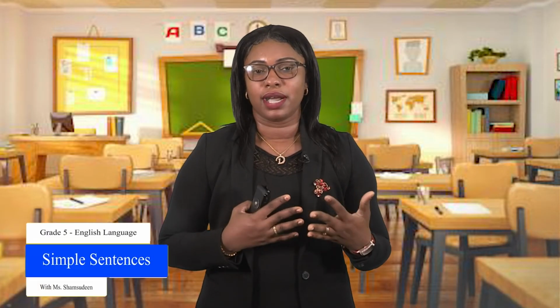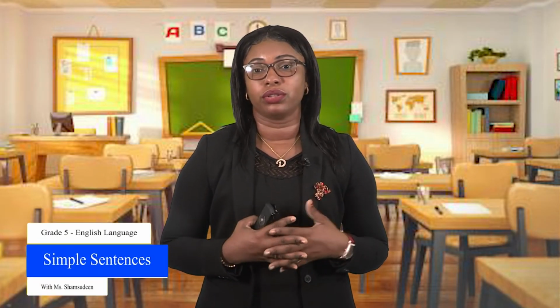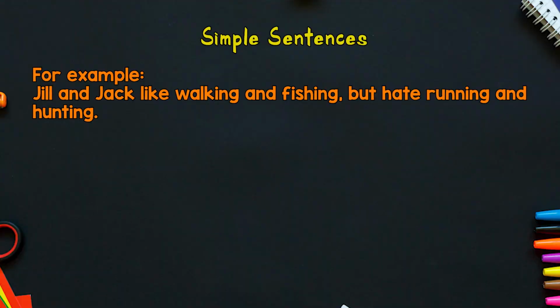Now, there are sentences where we could compound both the subject and the predicate. Look at this example. Jill and Jack like walking and fishing, but hate running and hunting. Let's look at that. Jill and Jack like walking and fishing, but hate running and hunting.